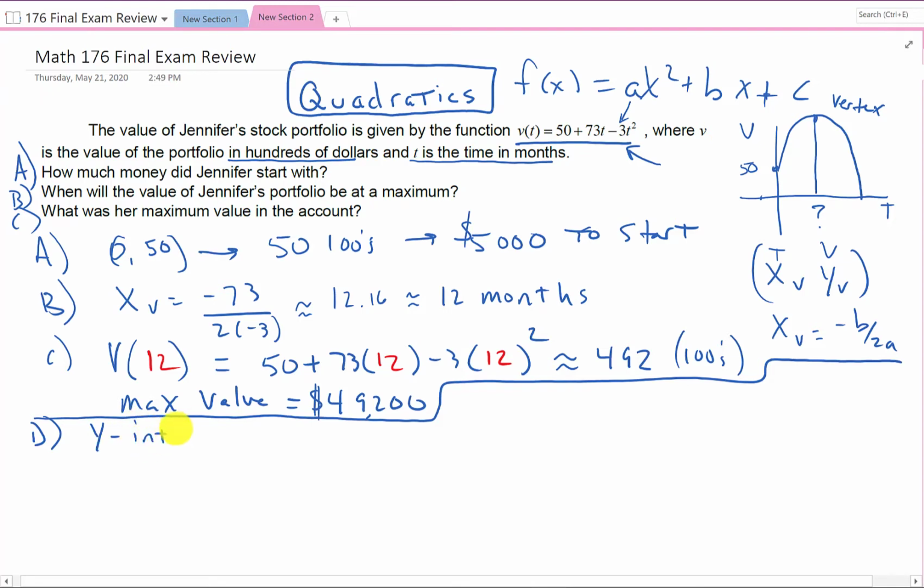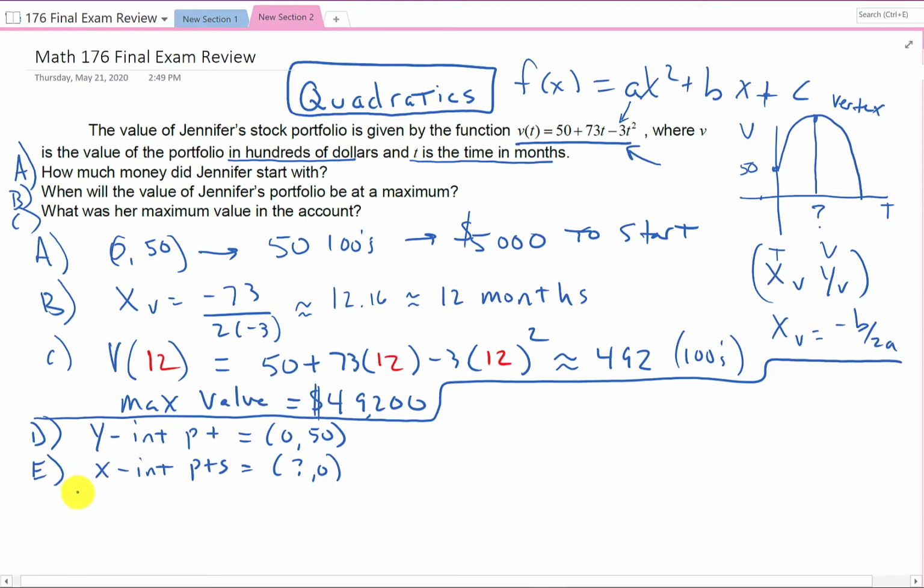Any quadratic, I want you to be able to do that. Now that's easy. We already figured that out. I would like you to be able to find the x-intercept points. And that's when y equals 0.